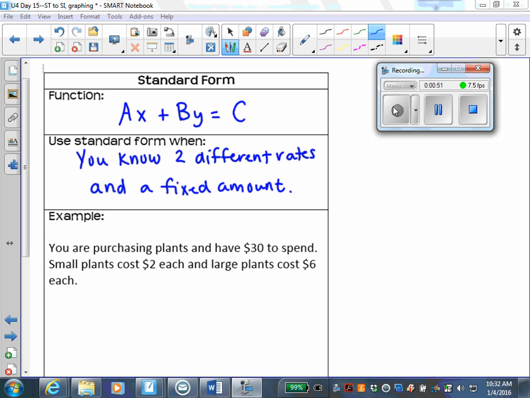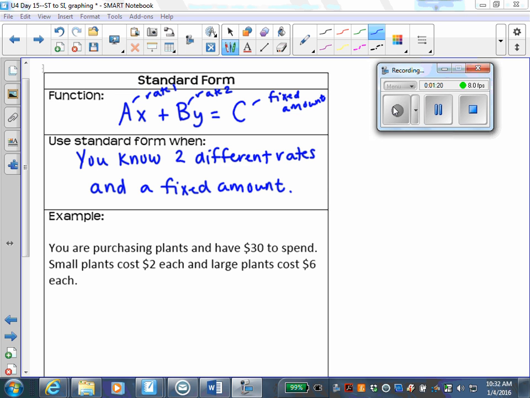That's the most common type of situation where we would write a standard form equation. There are some other possible situations, but this is the most common. And so if it was this case, then A would be like the first rate, so rate 1. B would tell us rate 2. And C would be the fixed amount. And x and y would be the variables that we'd be solving for.